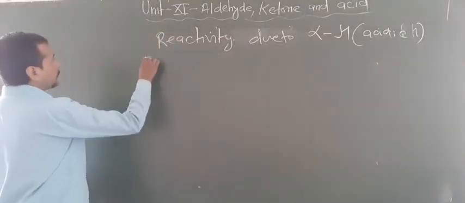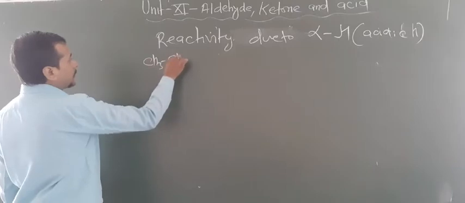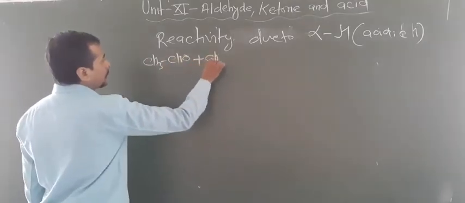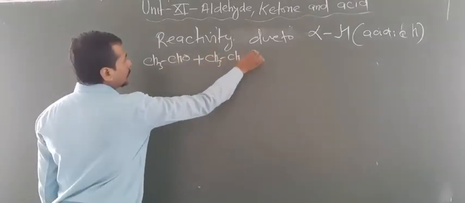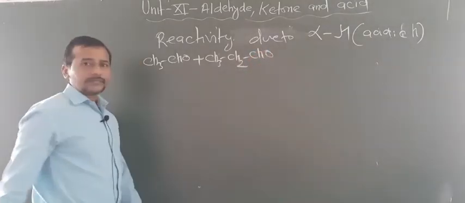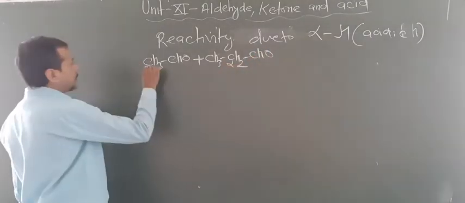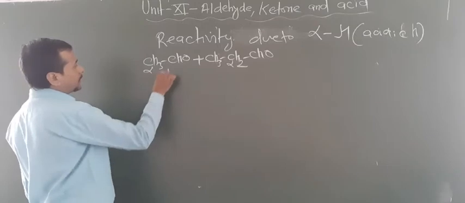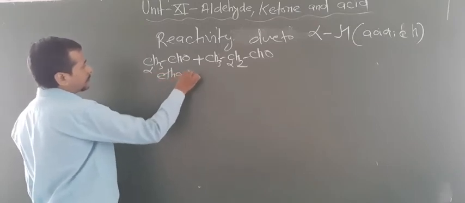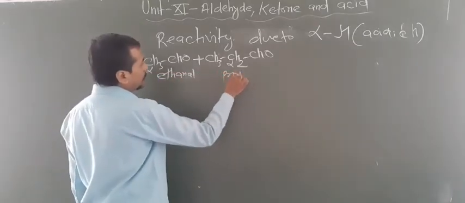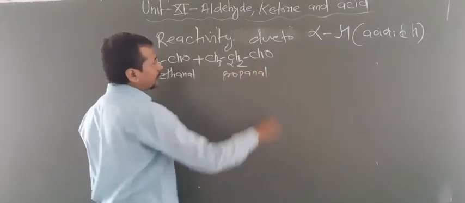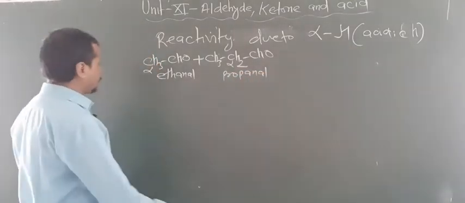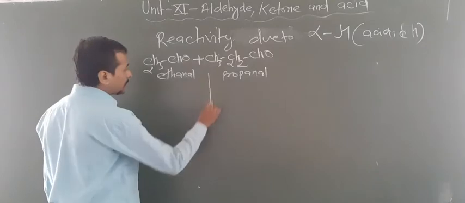Now look here, we have taken the example of acetaldehyde and the 3 carbon aldehyde, known as propanaldehyde. This is the alpha carbon, this is the alpha carbon. This is known as ethanal and this is known as propanal.